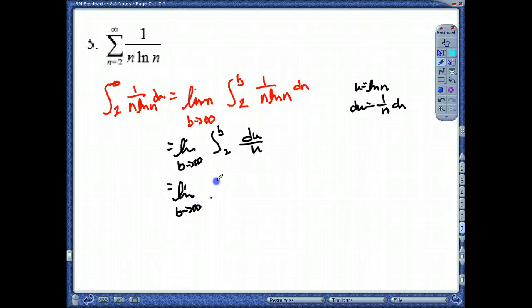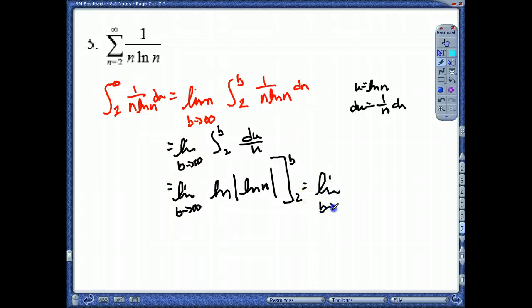Okay, we're going to have our natural log of the absolute value of u, which was natural log of n. Okay. And then we're going to put our b in and then our 2 in. So limit as b approaches infinity of the natural log of b minus the natural log of 2. Okay.